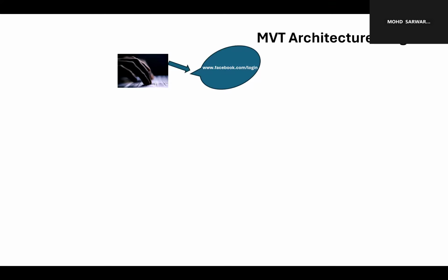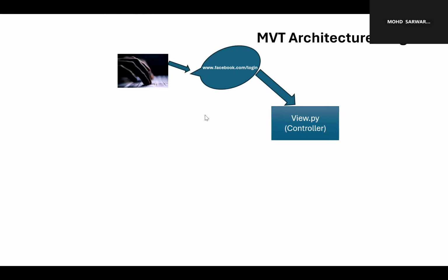So what will happen in Django? What other frameworks call controllers, in Django are called views. When a request comes into the application, it is first handled by the view.